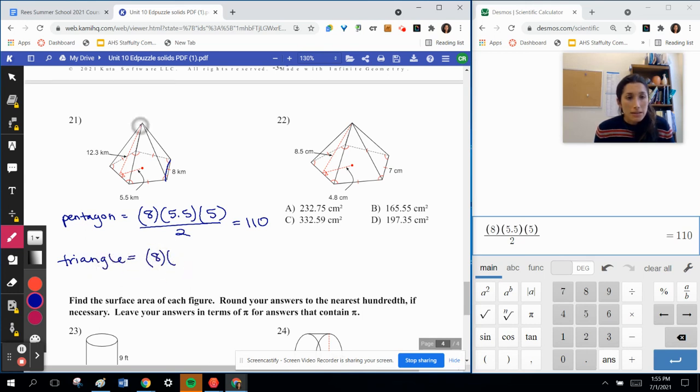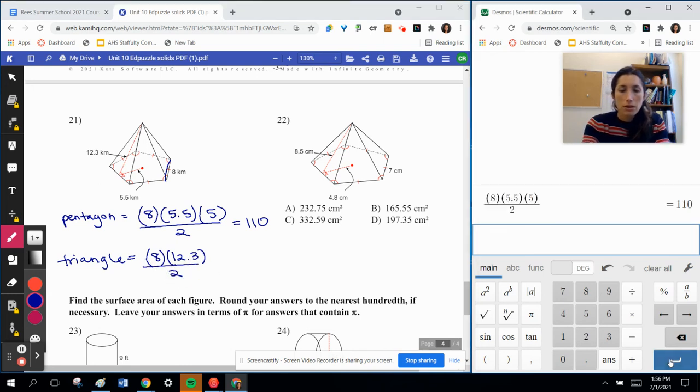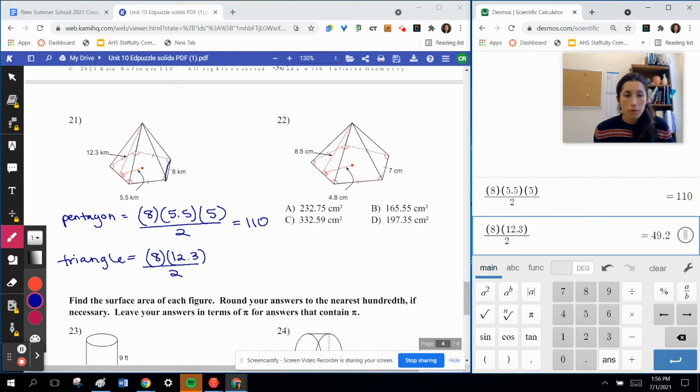And then the height, that's this length right here, the slanted height. That's the height of all the triangles. So 12.3 divided by 2. And that would be the area for one triangle. We've got 8 times 12.3 divided by 2, and that's going to be 49.2.